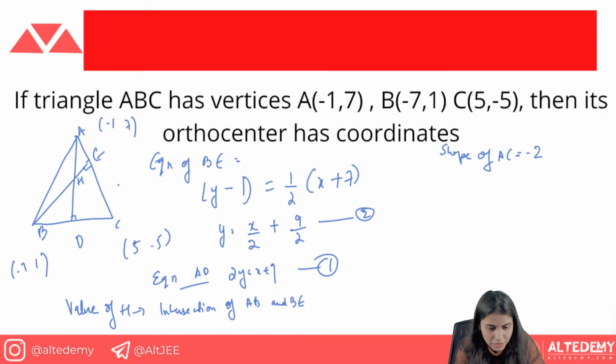So that is 2y is equal to x plus 9. You can just multiply it by 2. You got 2y cancelled out, and we can subtract it.